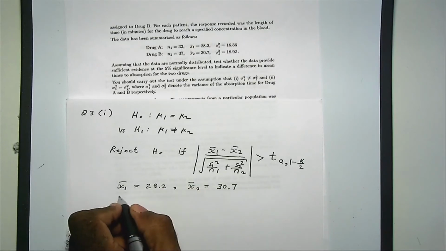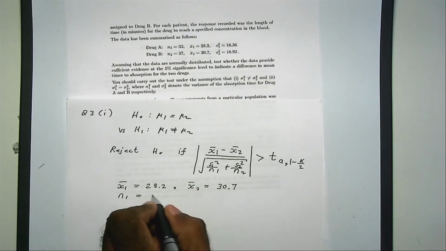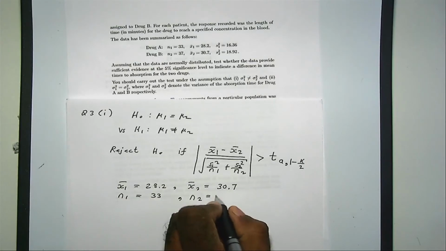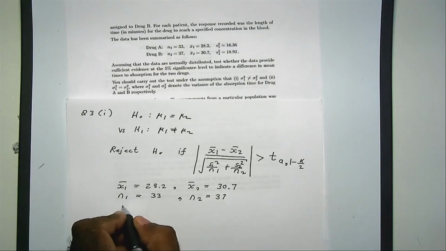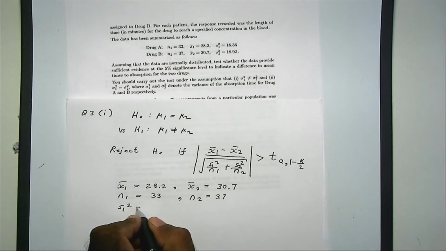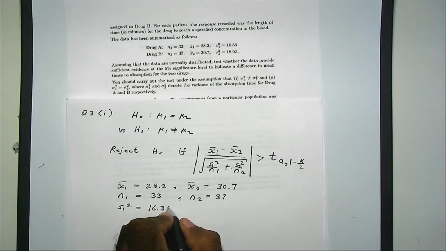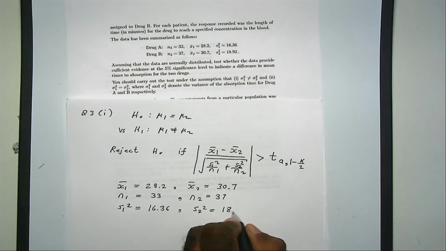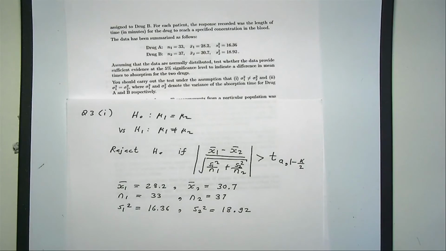We are told that n1 is 33, n2 is 37, and we are told that s1 squared is 16.36 and s2 squared is 18.92.